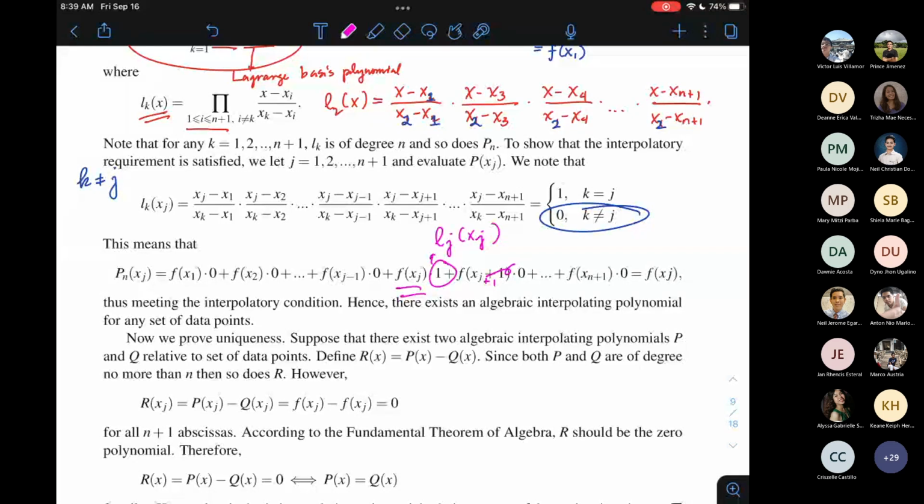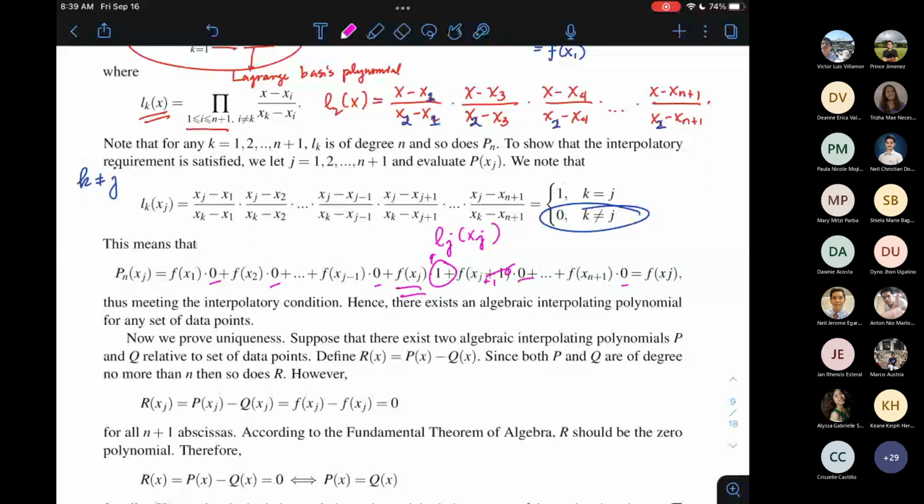For all the other abscissas, yung Lagrange basis polynomial ay equal kay 0 kasi si Lj o si Lk ay hindi equal, and si j ay hindi equal kay k. That explains why 0 yung coefficients ng ibang function value.